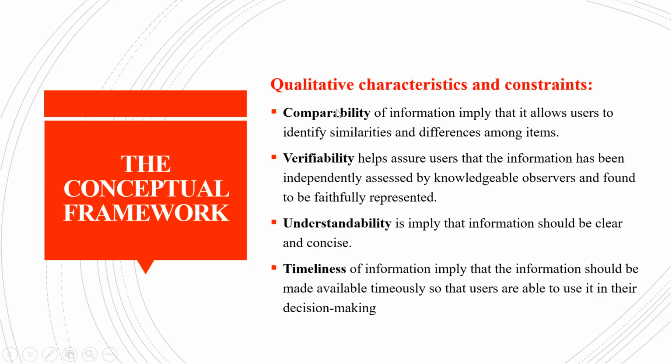If we say information is comparable, it means it has comparability elements to it. Comparability of information implies that it allows the users to identify similarities as well as differences among items, right? Think about it this way. When you generate your financial statements for the 2024 financial period, and you already had prepared financial statements for the 2023 financial period, when you compare the information, you'll be able to pick up similarities.